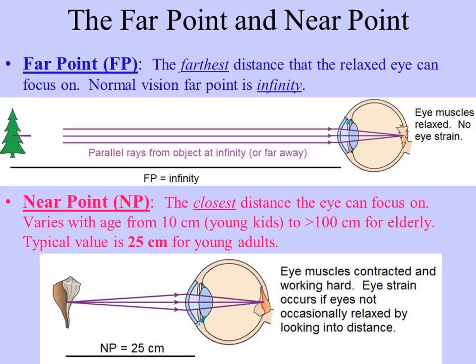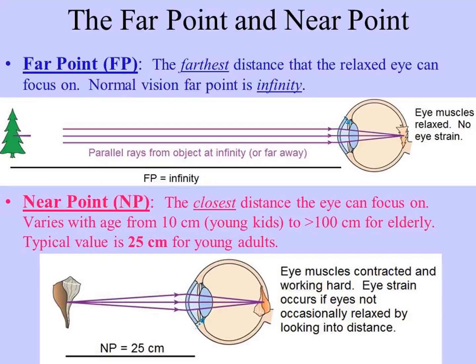What is near point? That is the closest distance the eye can focus on. It varies with age from 10 centimeter to 100 centimeter, typically 25. I already told that. Here the eye muscles are contracted and working hard.